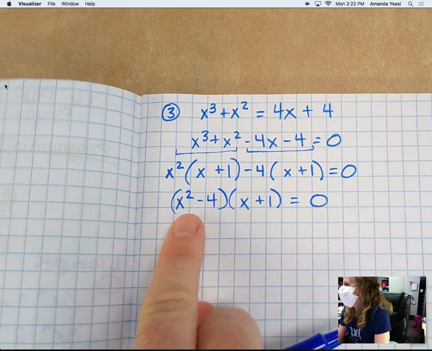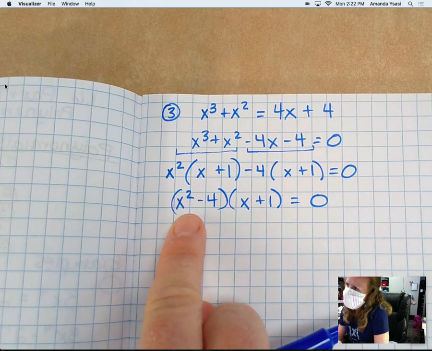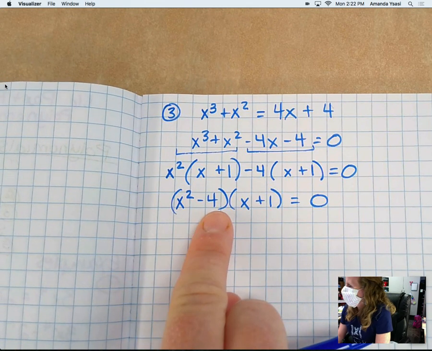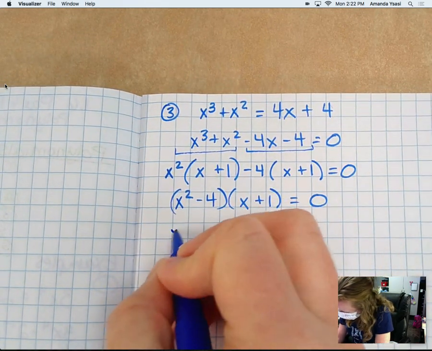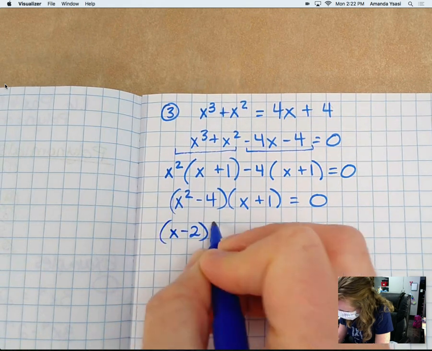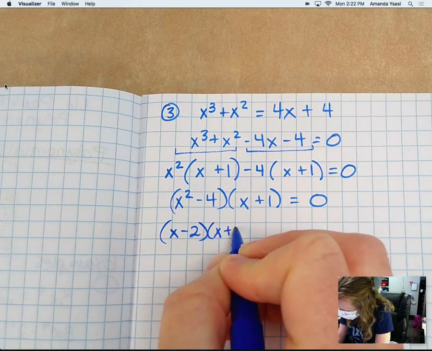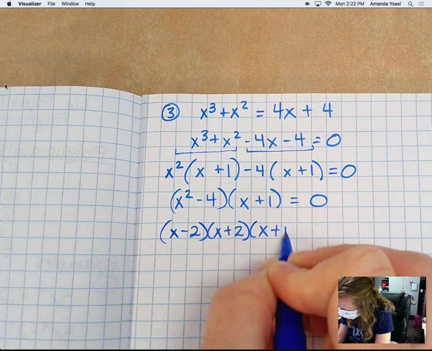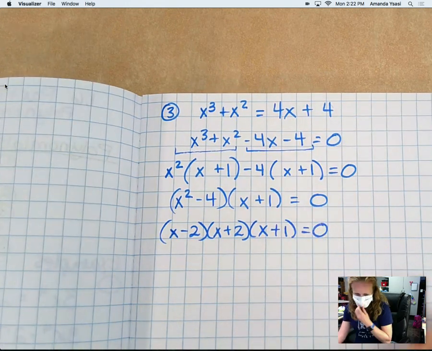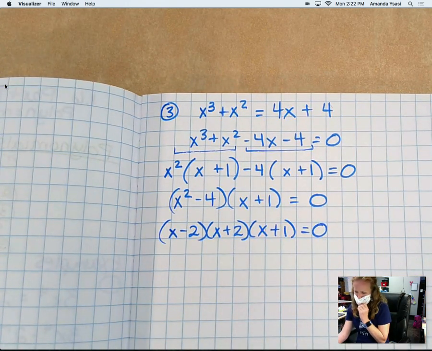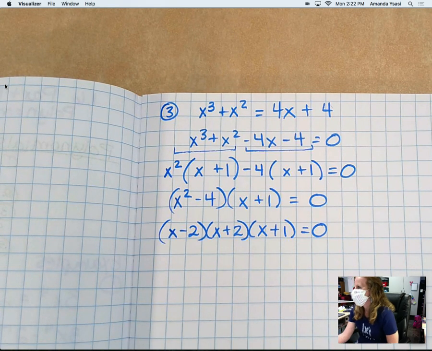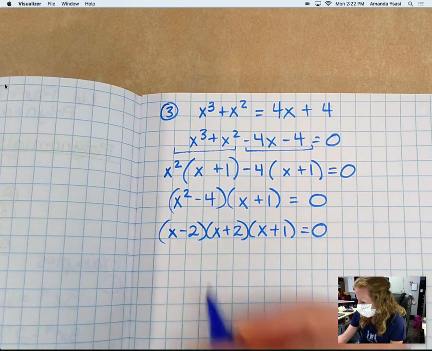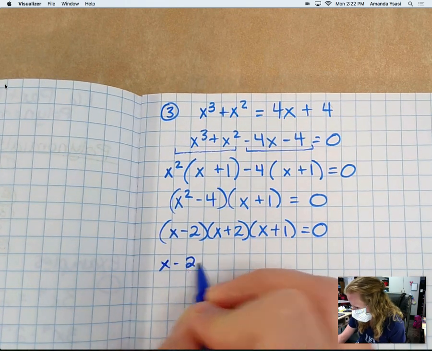And then we look at this to see if we can factor any more. X squared minus 4, that is difference of squares again. So this would be x minus 2, x plus 2, x plus 1 equals 0. And we set those equal to 0.